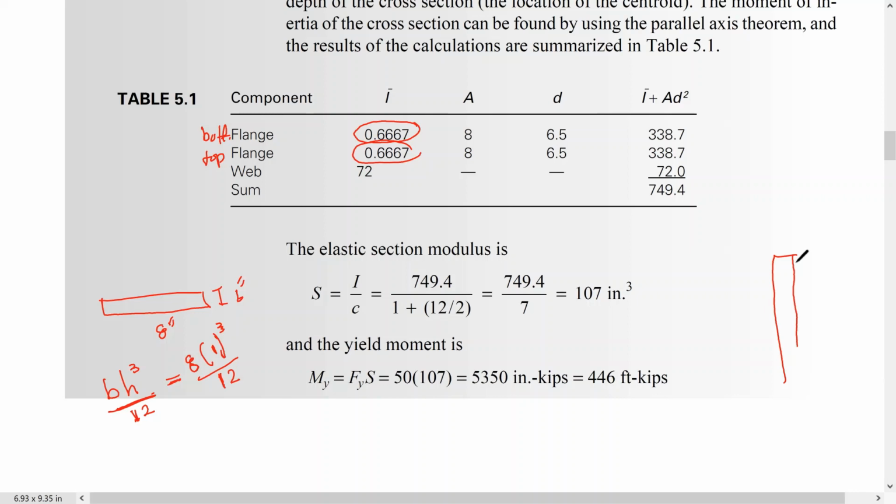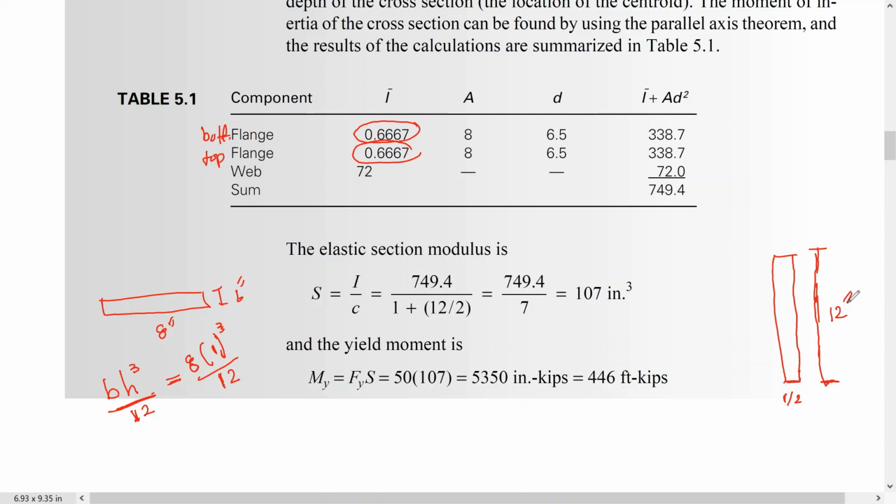This is to the exaggerated scale. So the width is 1/2, this is the thickness, and the top here, which is the H, equals 1 foot, which is 12 inch.